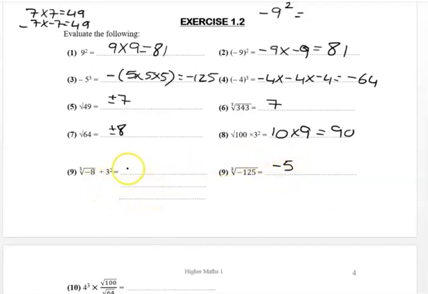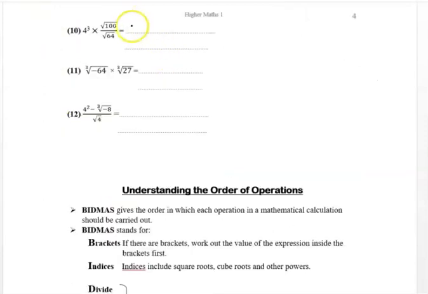Now here, we're going to have minus 2 plus 9, and that's going to give us 7. 4 cubed is going to give me 64, times the square root of 100 which is 10, over the square root of 64, which is 8.